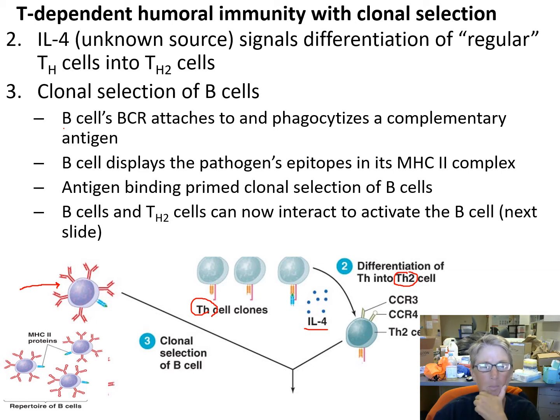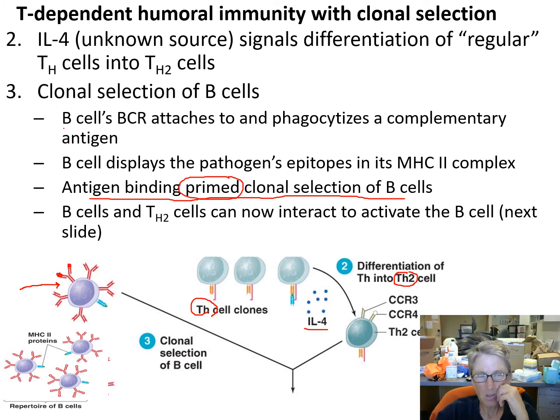So it says antigen binding primed clonal selection of B cells. So this is important. This is just primed. So when the B cell receptor bound to the antigen, it doesn't show a picture of it, that primed the B cell, getting it ready to form a clone of B cells.